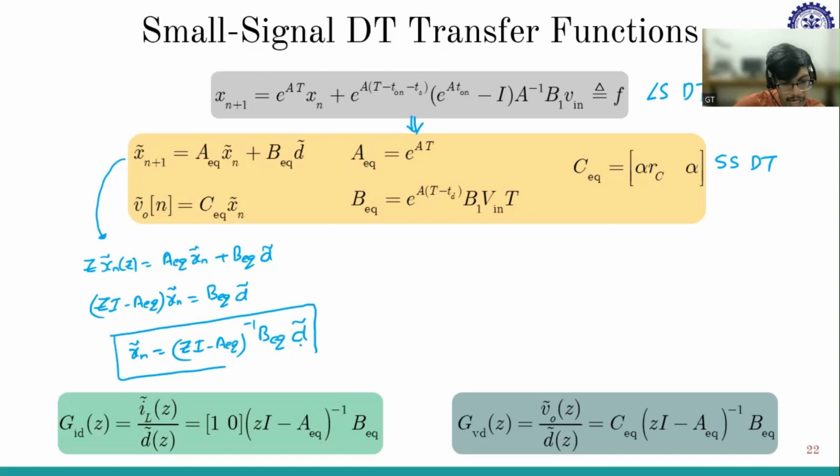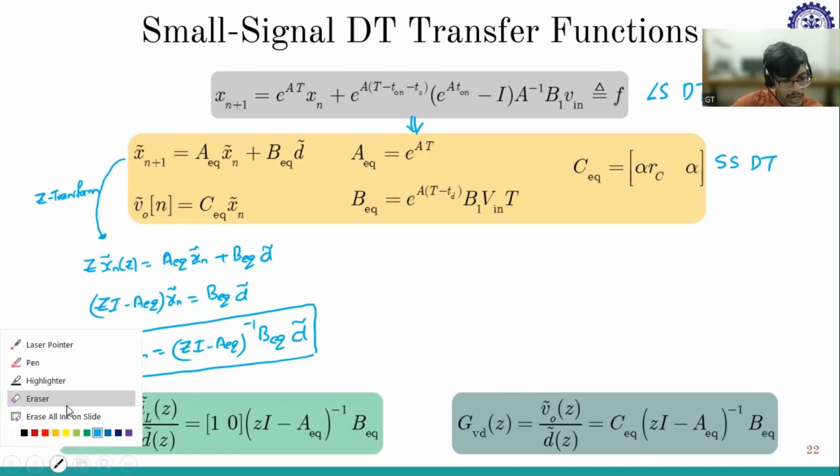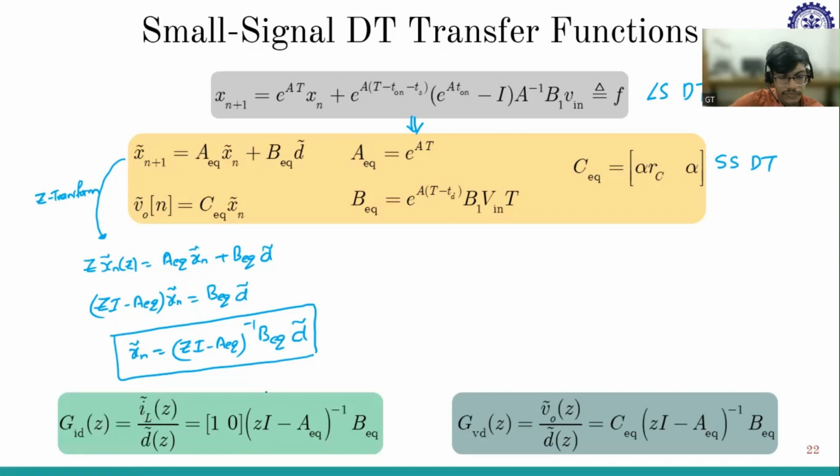I am applying Z transform at this point, and I got this expression. So now what is my control to current? So this is control to current transfer function.